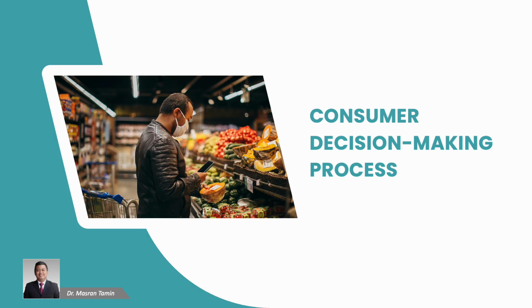The process generally involves several key stages: recognizing a need, searching for information, evaluating alternatives, and making the purchase decision. By analyzing these stages, companies can design marketing strategies that guide consumers effectively from recognizing a need to completing a purchase. Let's go through each stage in detail.